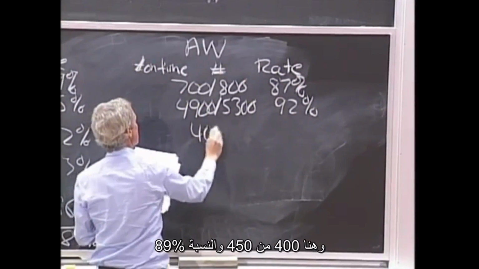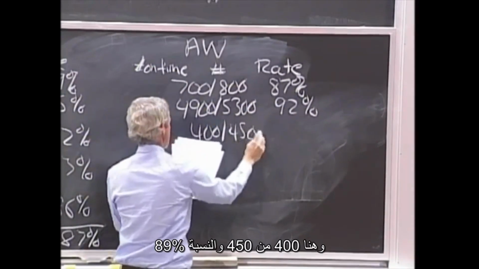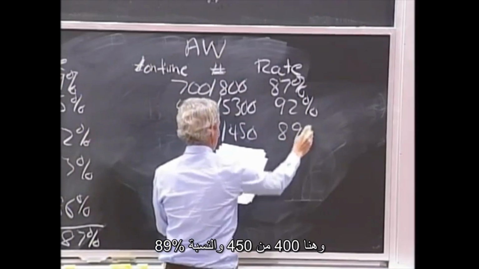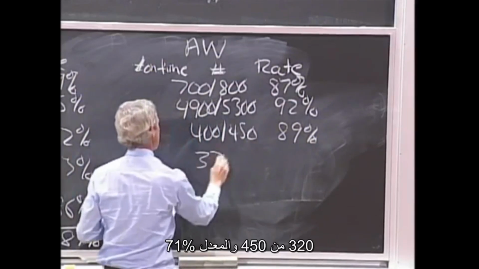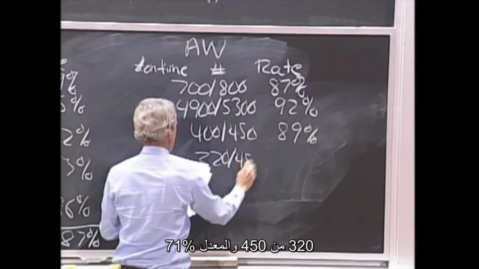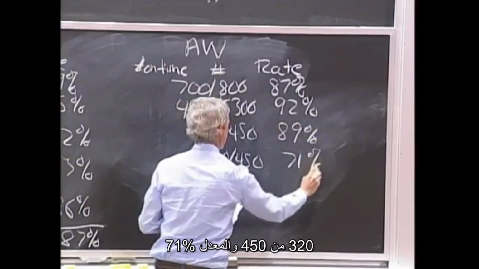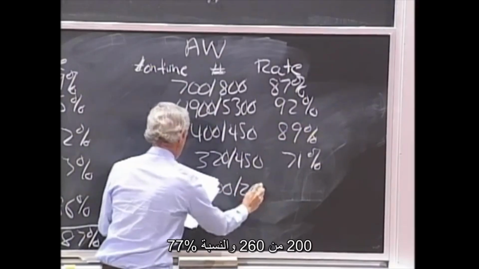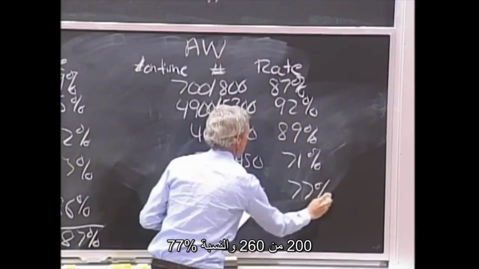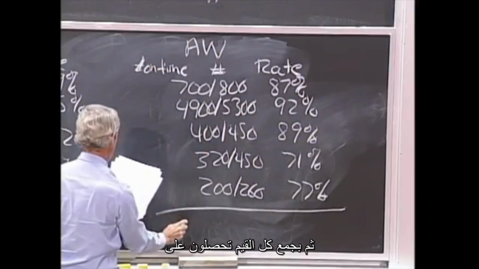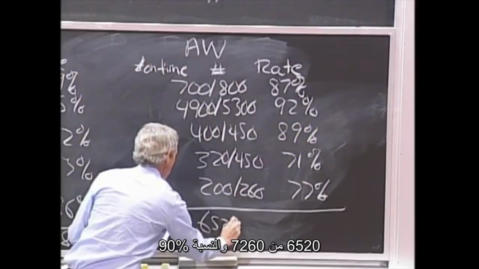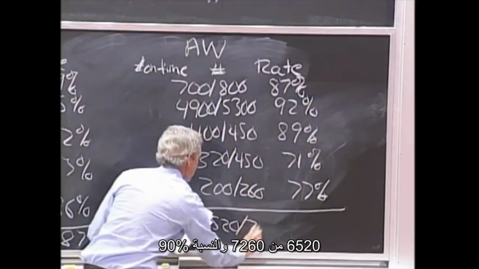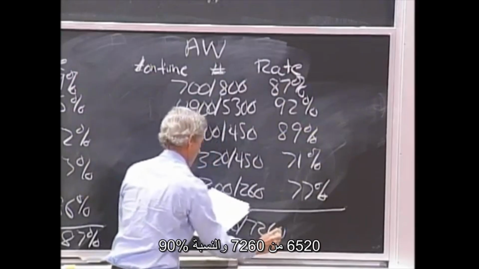And 400 of 450 for 89%. 320 of 450, 71%. 200 over 260 for 77%. And then you add all them up, and you got 6,520 over 7,260 for 90%.